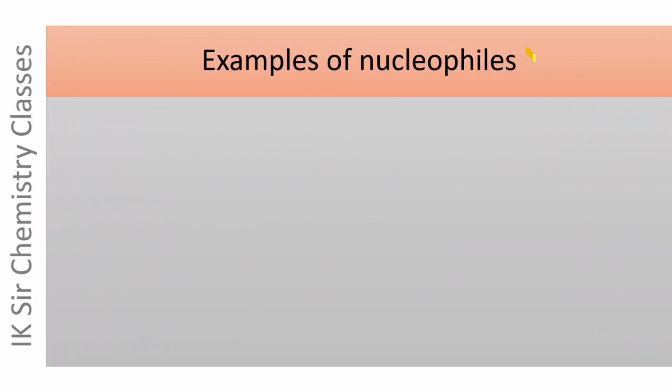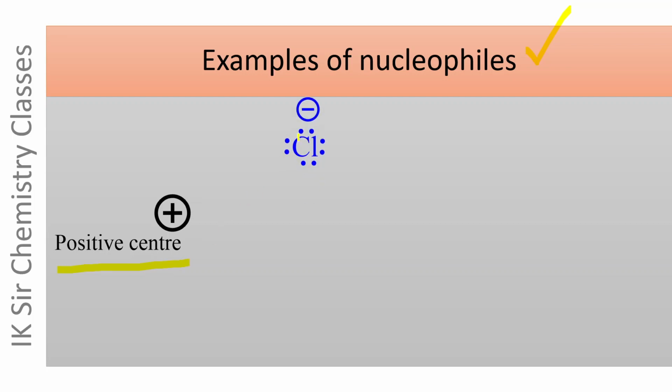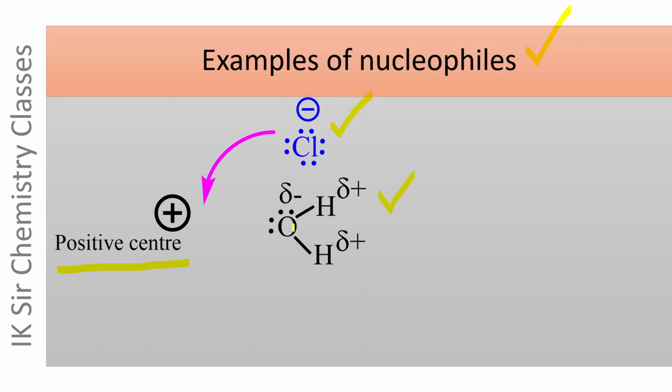Examples of nucleophiles are given below. This is the positive center. If a Cl- ion containing 4 electron pairs approaches this positive center, it attacks on it. The H2O molecule is neutral, which contains 2 electron pairs on the oxygen atom.